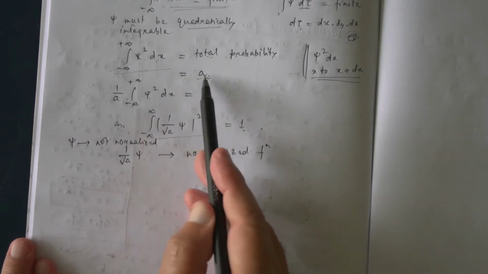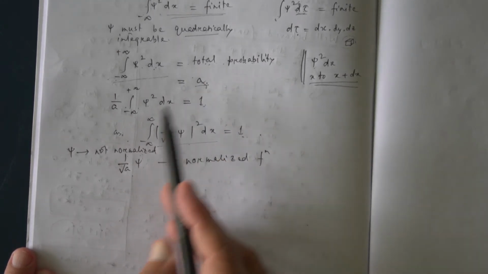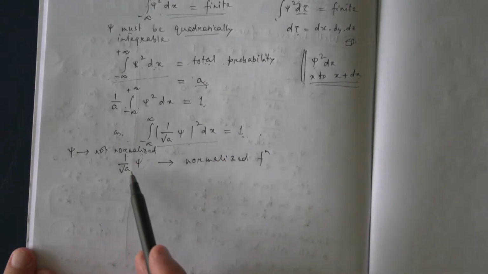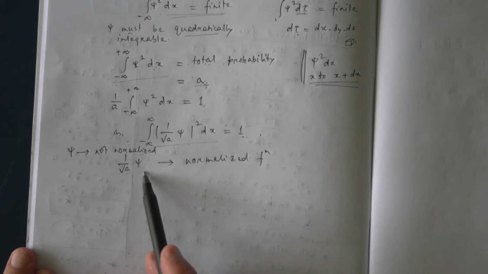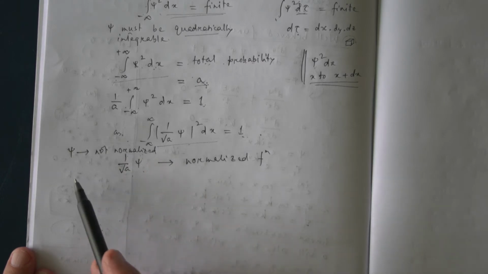This function was not normalized because this is equal to A. But we have converted this function into a normalized function. How? By multiplying the function by a constant.